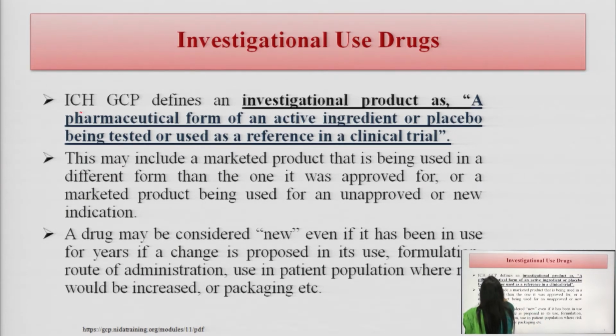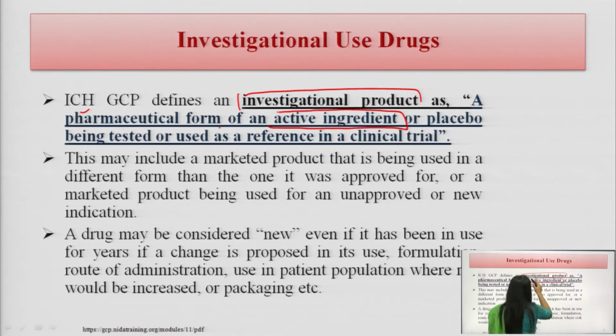According to the International Conference on Harmonization, ICH Good Clinical Practices, an investigational product means a new pharmaceutical form of an active ingredient, having therapeutic value, or any placebo being tested. Placebo means it doesn't have any therapeutic value; it is used for comparison purposes, being tested or used as a reference in a clinical trial. They are called an investigational product.